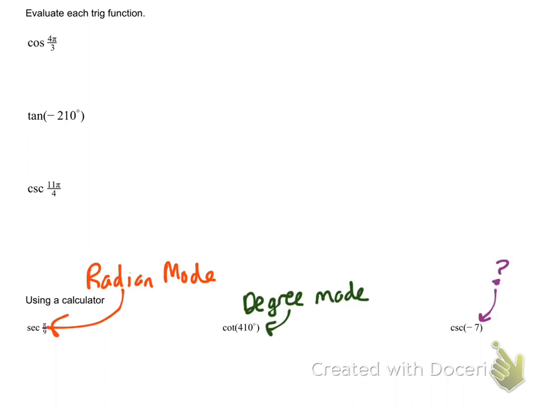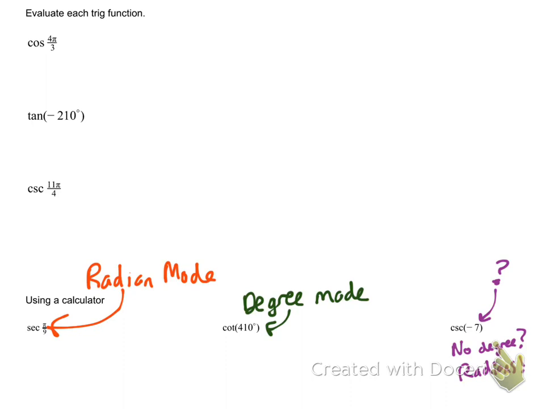This third one always throws students for a loop because there's no degrees and there's no pi. Well, remember, pi is a constant. That's not a unit. So there's no degree symbol there. If there's no degree symbol, you know it's going to be radian mode. Just because there's no pi there, that doesn't mean it's necessarily not in radian mode. In fact, it will be in radian mode whether there's a pi there or not.